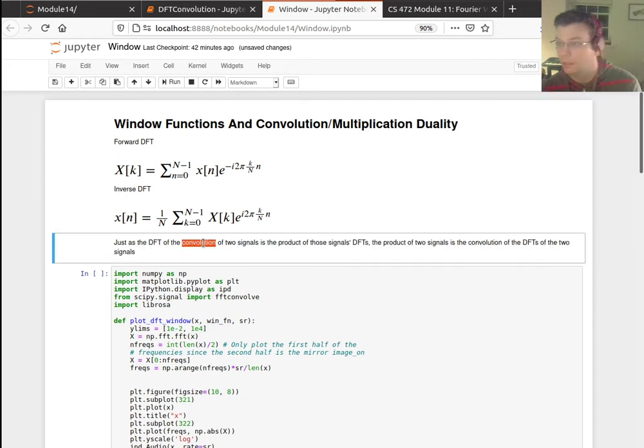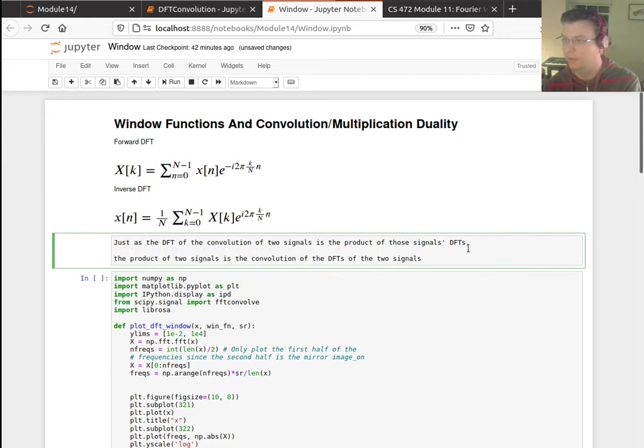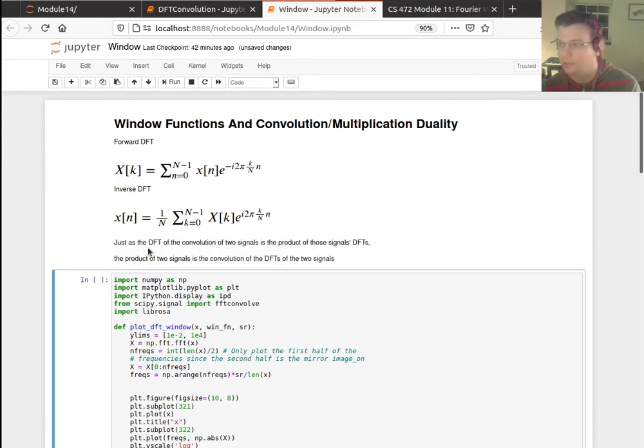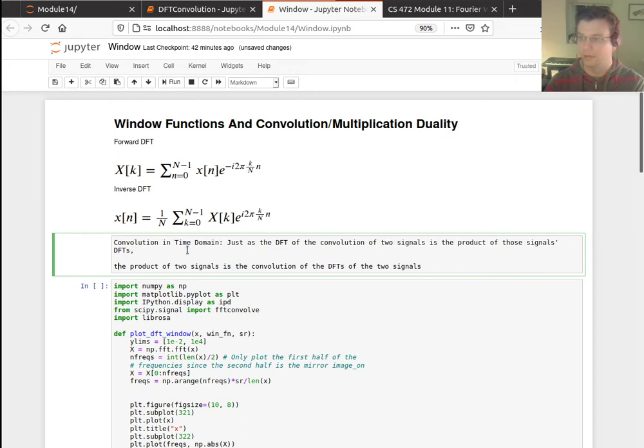Okay, so let me say it this way. Let me put these on two lines next to each other. So the DFT of the convolution of two signals is the product of the signals' DFTs. That's what we saw. But also the product of the two signals is the convolution of the DFTs. So what we say here is, I'll call this convolution in time domain, and I'll call this convolution in frequency domain.